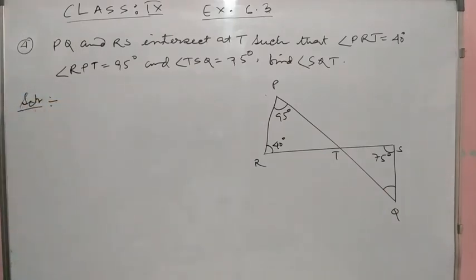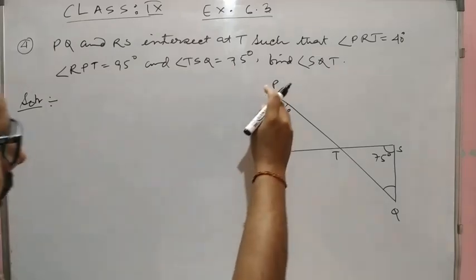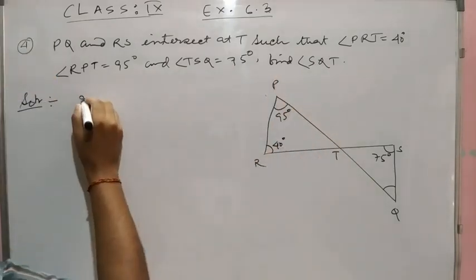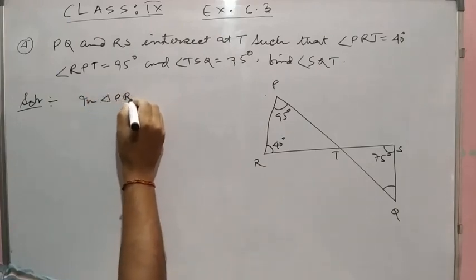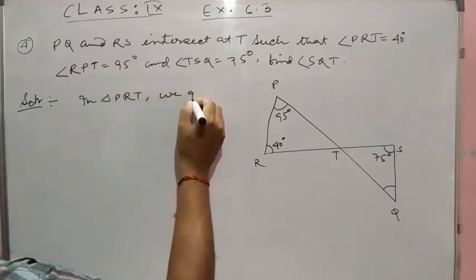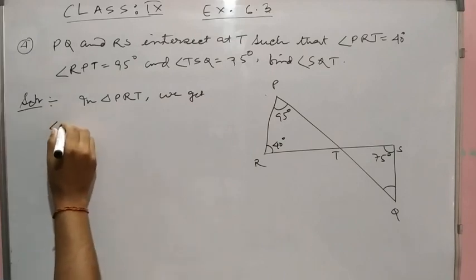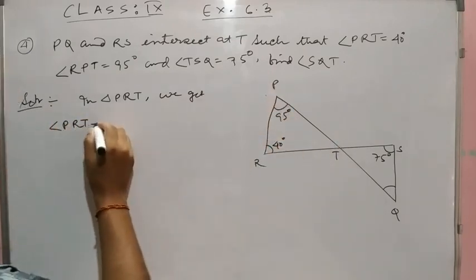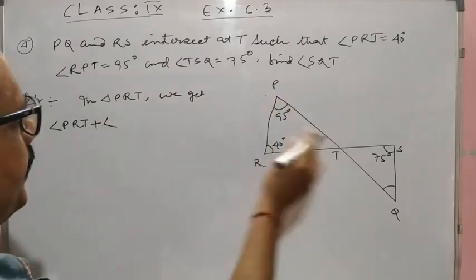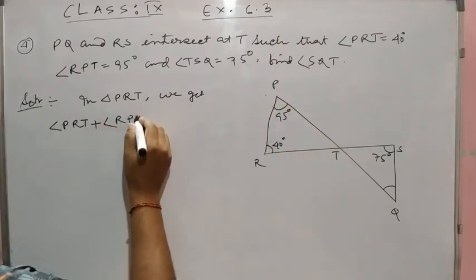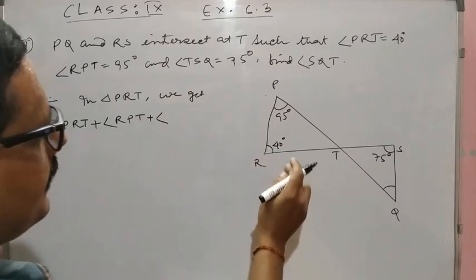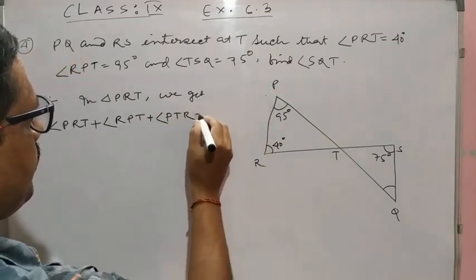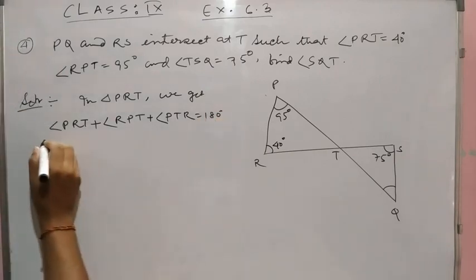Here, let us apply the angle sum property in triangle PRT. In triangle PRT, we get angle PRT plus angle RPT plus angle PTR equal to 180 degrees.